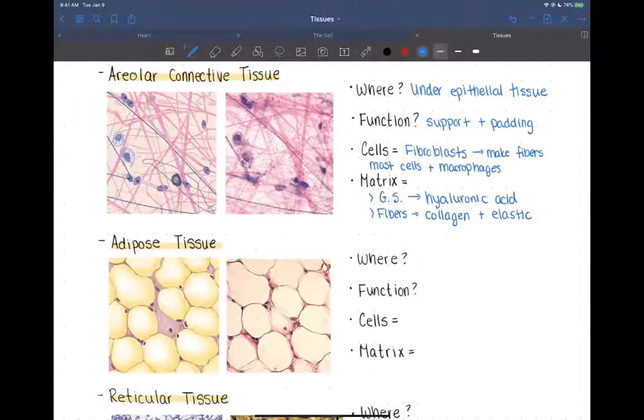All right, our next type of loose connective tissue is adipose tissue. Adipose tissue is fat tissue. It'll be located wherever there is fatty tissue.